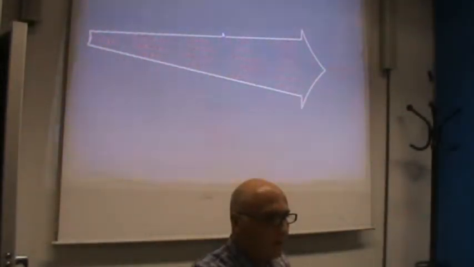This is what I call the scaffolding arrow that shows clearly the process of scaffolding.